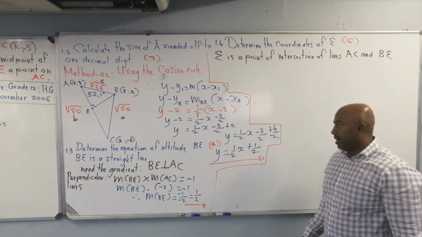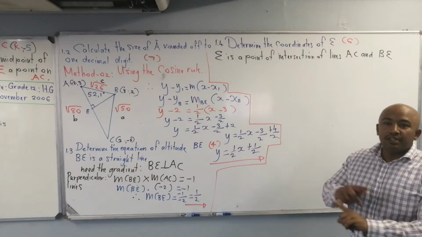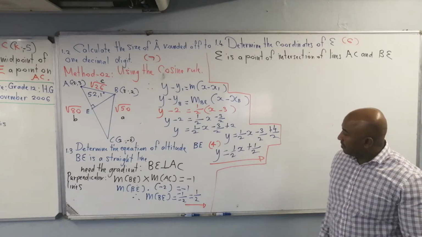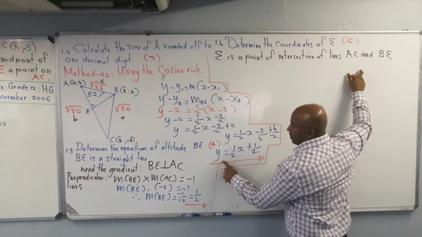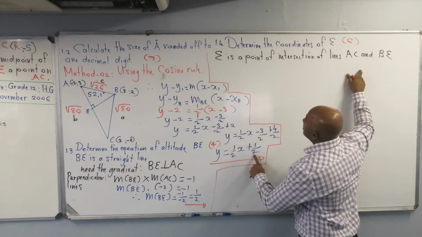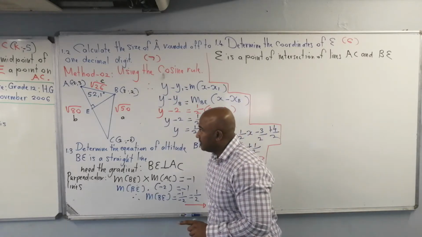Right. Now, point of intersection, solve simultaneously. Now, we have the equation of BE. We just worked it out. This is the equation of line BE. So all we need is the equation of line AC.